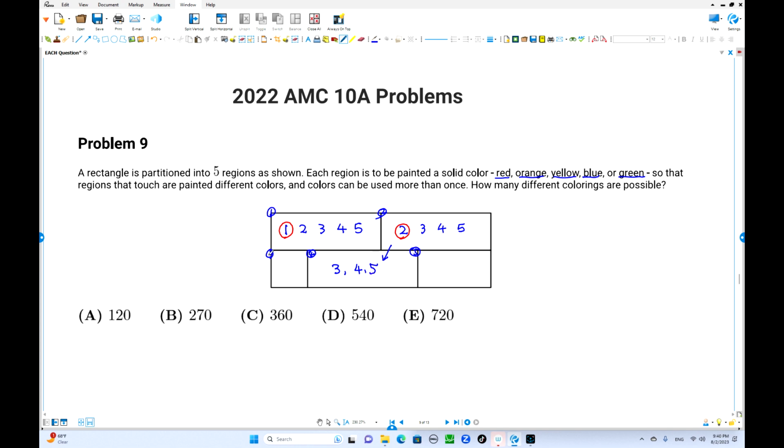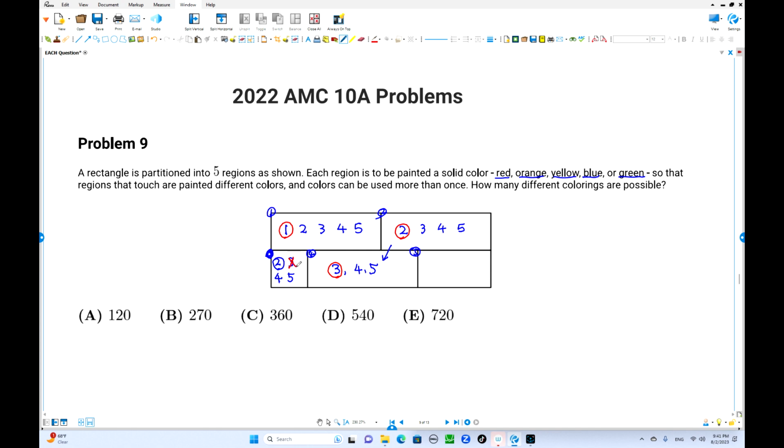Now take a look at the third region over here. 1 is used over here, so we cannot use 1, but it can be 2, 3, 4, or 5. But if we choose 3 over here, we cannot use 3 in the other region.